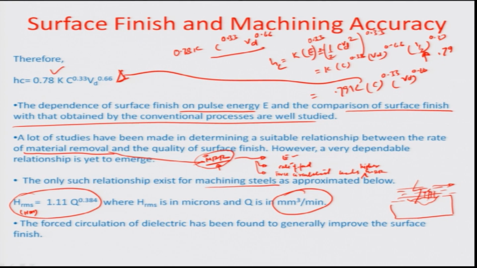So, which leads to quick debris removal, and can also increase the spark frequency, because the ion column which has been created would disappear more quickly in forced circulation cases. I think we had discussed these relationships quite a bit.